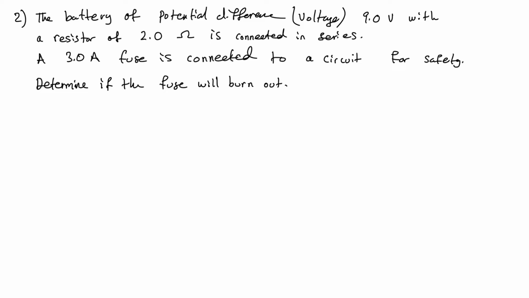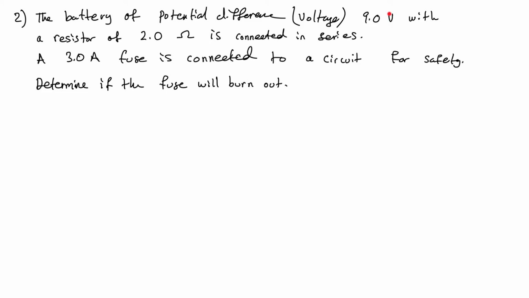Basically, the idea is if we connect a fuse into a circuit with a rating of 3 amps, and the current going through the wire is anything larger than that, it will burn the fuse. It will then open the circuit, and it will not allow any current to flow through, and that will protect our components from burning, because too much current can actually damage the different components.